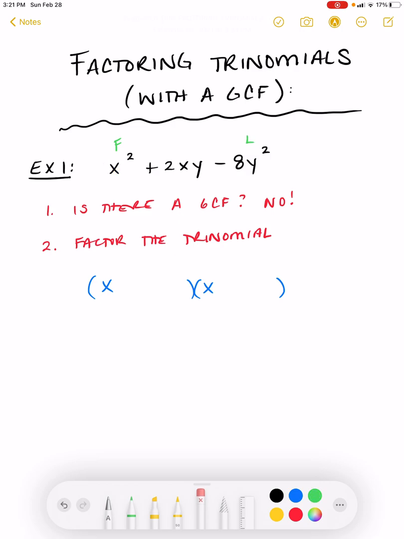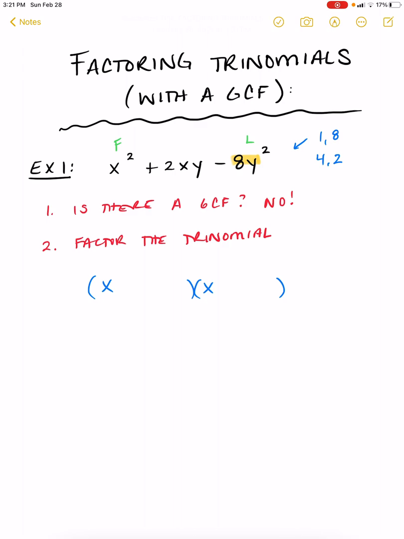And what we're going to do is take the last term, 8y squared, and factor it into factors of 8. Now, things that multiply to make 8 are 1 and 8, and 4 and 2. Which of these two factors are going to multiply to make 8, but add or subtract to make 2xy? And so we're going to use 4 and 2. Now, because of the y squared, we're going to split it into 4y and 2y.